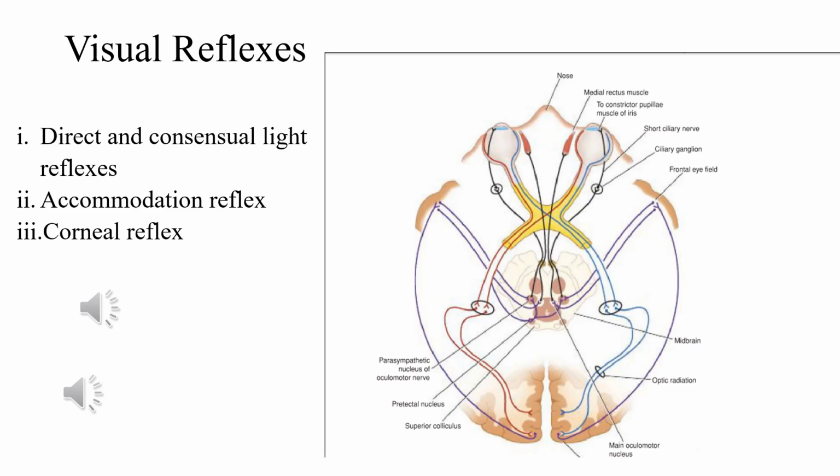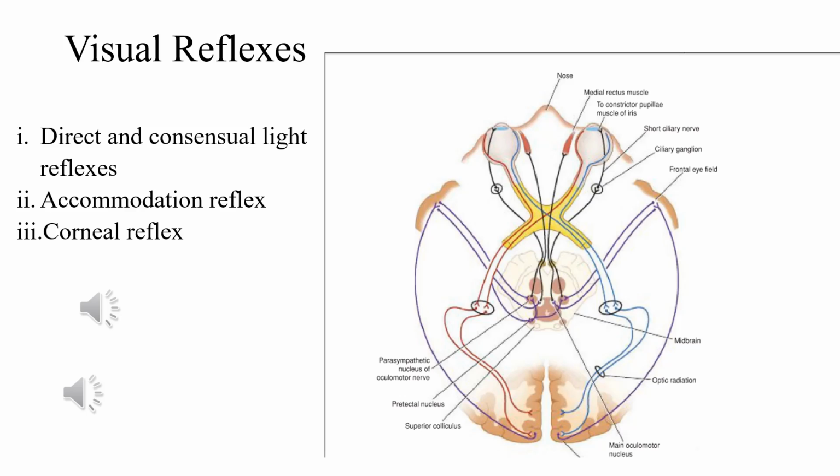Now at this level where the optic tracts are formed, before these reach the lateral geniculate body, some of the fibers of the optic tract on each side will pass on to the pretectal nucleus, which is present in the midbrain portion, because as you know, optic tracts pass around the cerebral peduncle, which is a midbrain area.